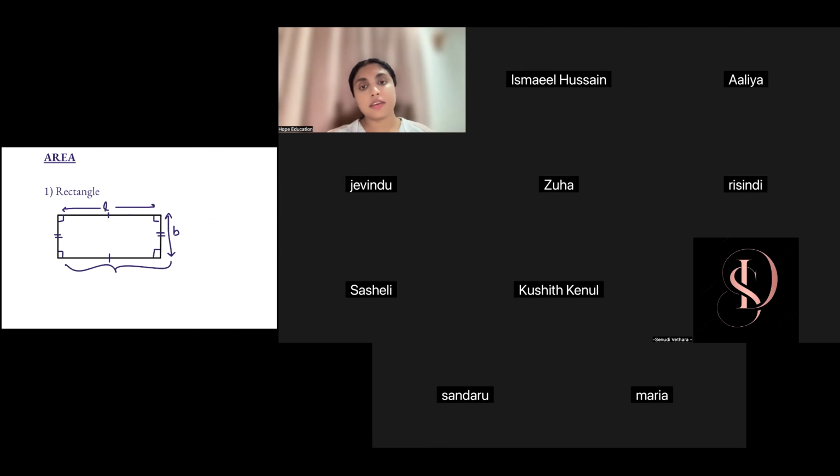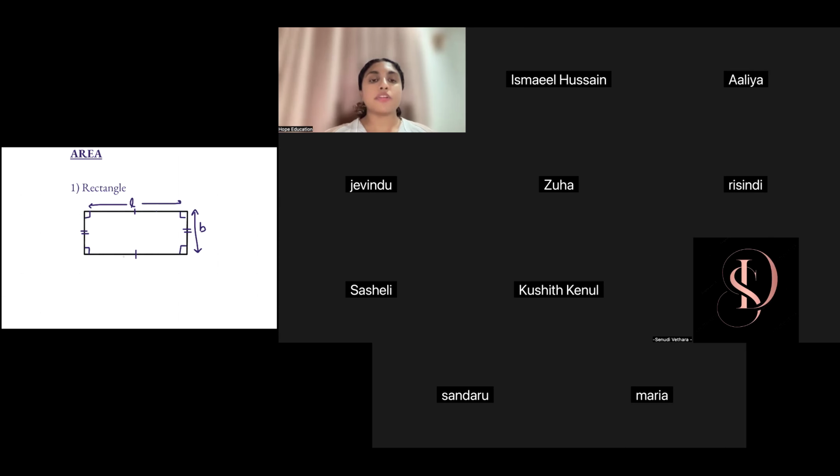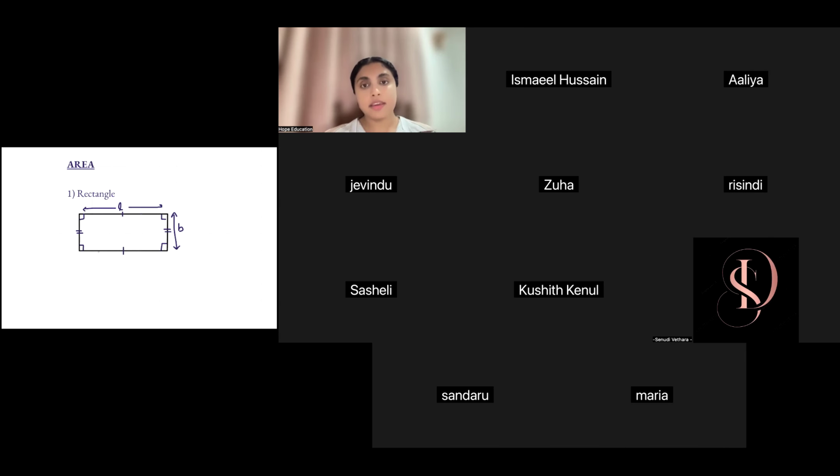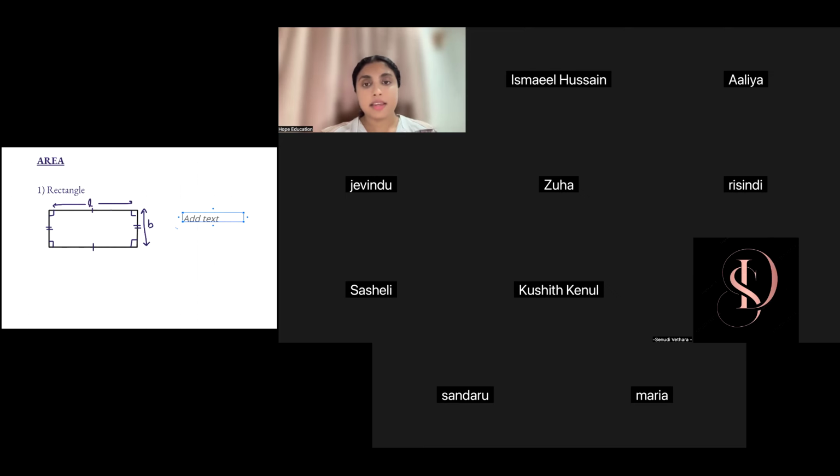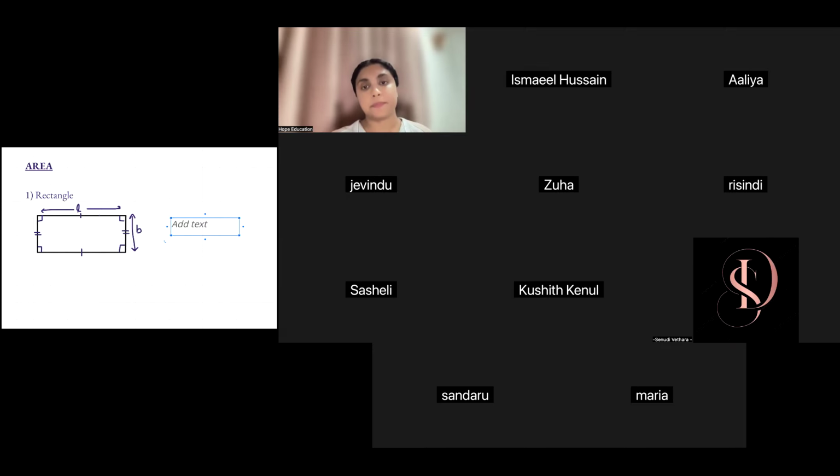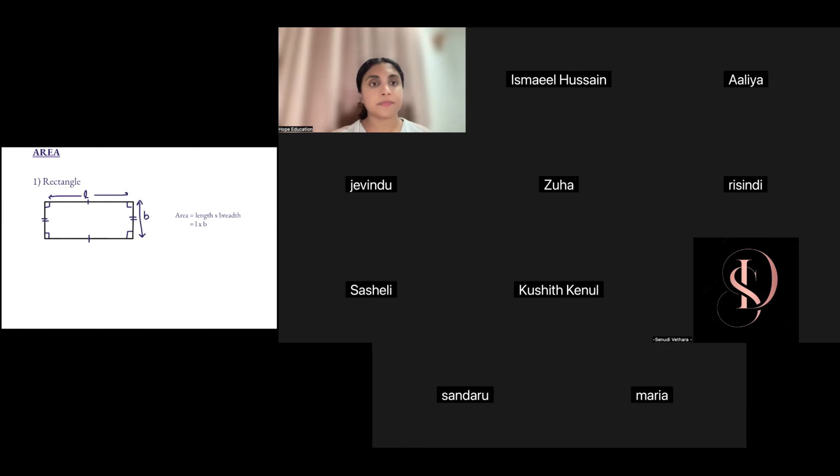This is breadth, this is also breadth. So how do you find the area? As you all said, area equals length into breadth. Here, length is L, breadth is B, so L multiplied by B. So that is a rectangle. Don't write anything, just listen.